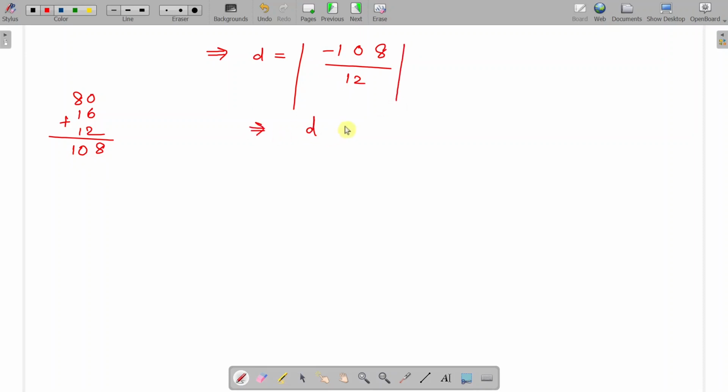The modulus of a negative quantity is the positive quantity, so 108 divided by 12, 12 nines are 108, so D is equal to 9, right. This is the answer.